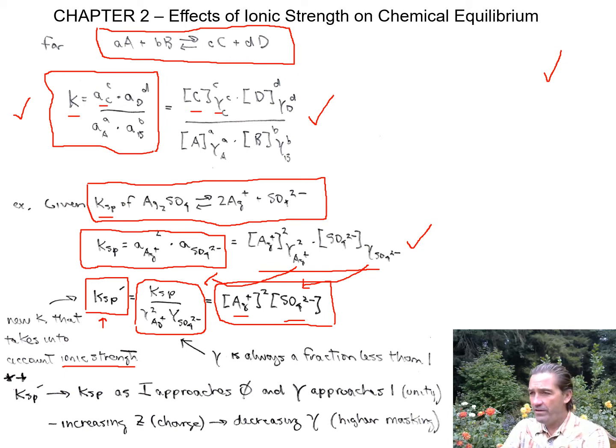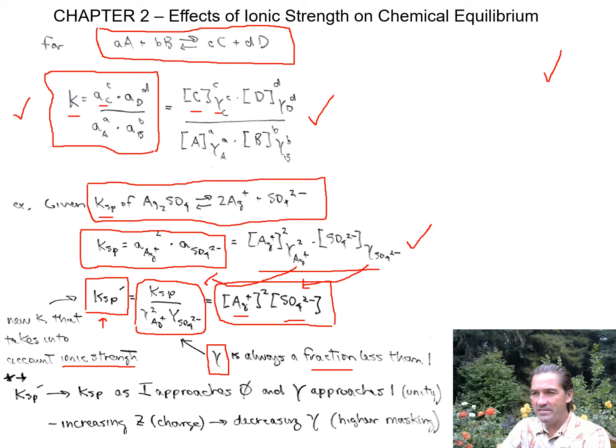So one thing that we'll learn is that all these gammas are fractions. They're less than 1. So you can imagine what's going to happen here if all these values down in the denominator are less than 1. That means that when I convert KSP to KSP prime, that K value is always going to be larger, at least written for a reaction such as this, because all the gammas are on the bottom.